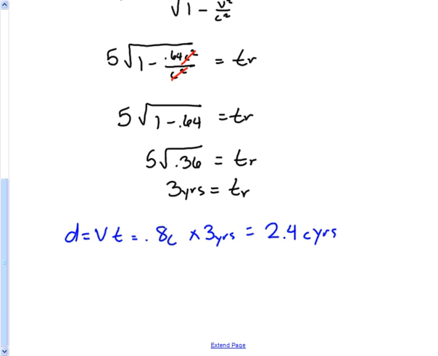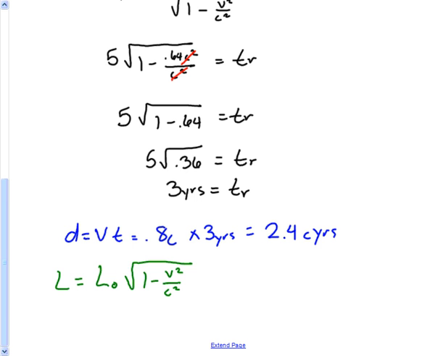It turns out that there is a new equation for that: the new length is equal to the old length times the same factor, the square root of 1 minus v squared over c squared. It pops up again.